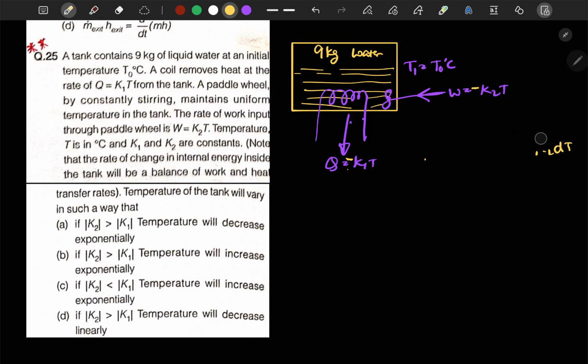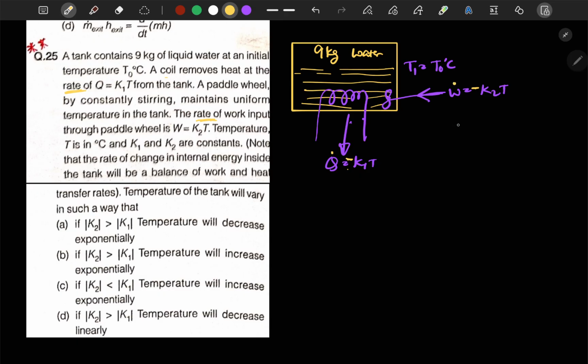Something like at a particular rate the heat is removed, and at a particular rate the work is applied to the system. First, a mistake: it is the rate of work input mentioned here, and similarly the coil removes at a rate, so it's Q dot and W dot.